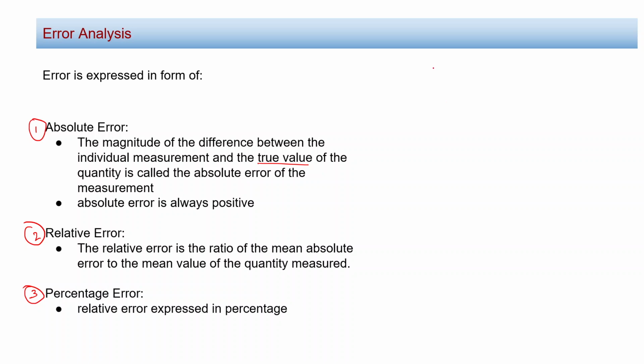Let's again take the example of g, acceleration due to gravity. The true value is well known, which is 9.8 meters per second square. Now again the same example: one person has done some experiment in the lab, and they calculated it to be 9.7 meter per second square.